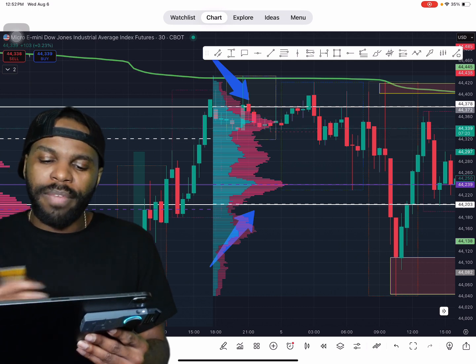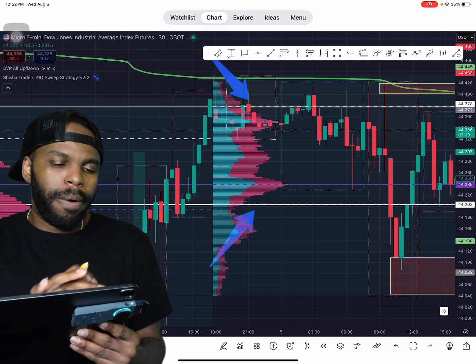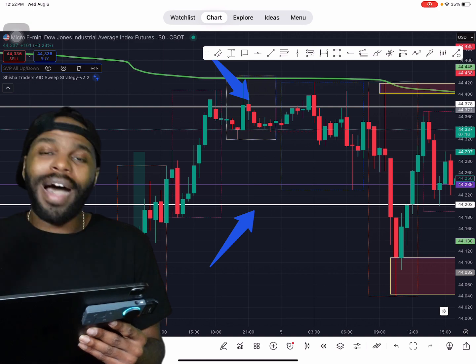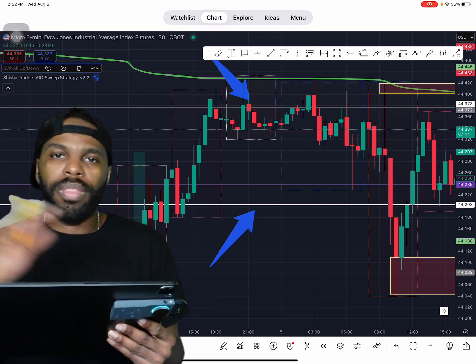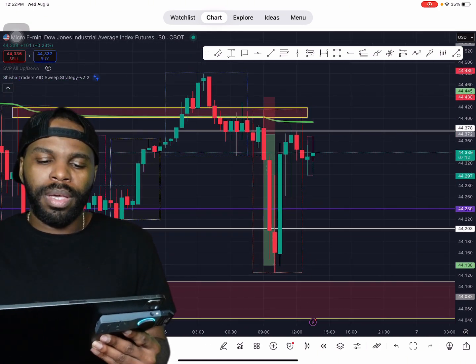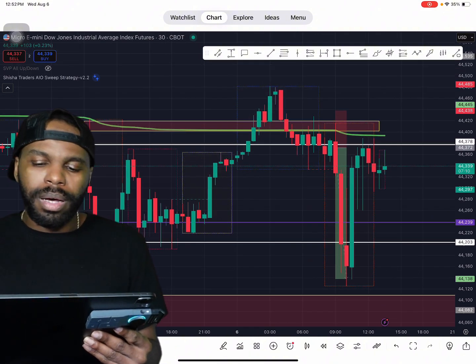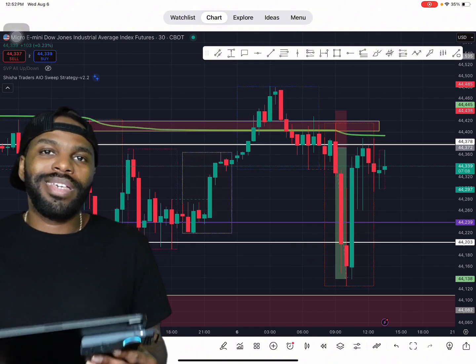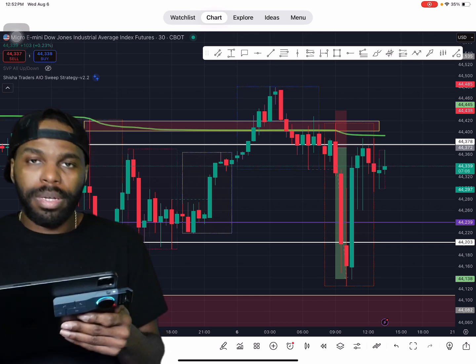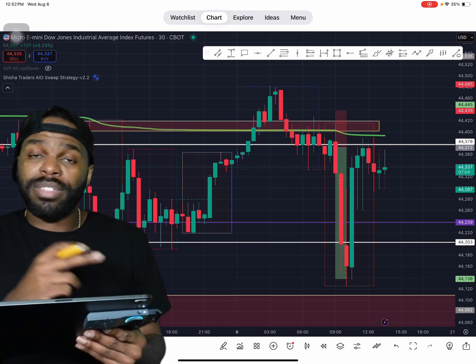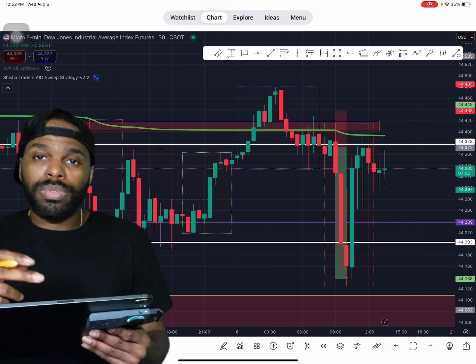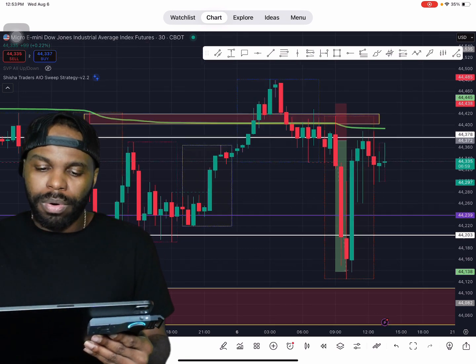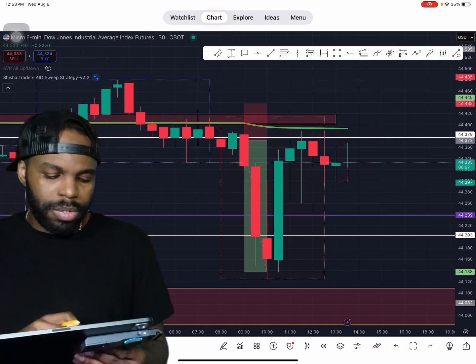Okay, so after I mark up those key levels, then what I do is I just hide the indicator, because I don't want all that stuff on my chart. And you can also use these key levels that I marked up with the session volume profile indicator to target. So if I get a rejection, right, let's go to the 5 minute.